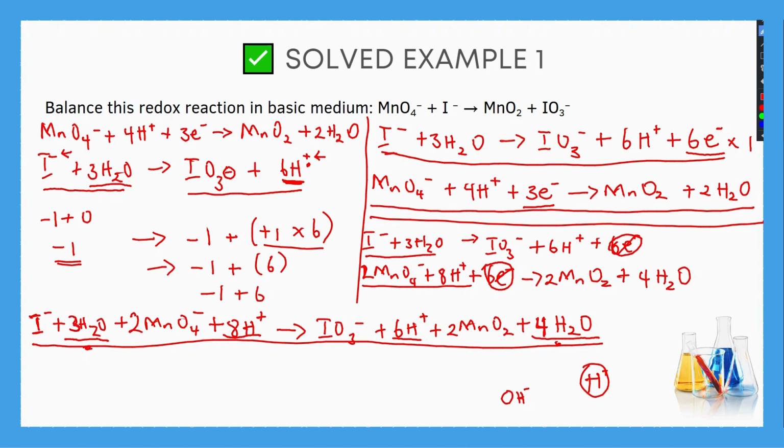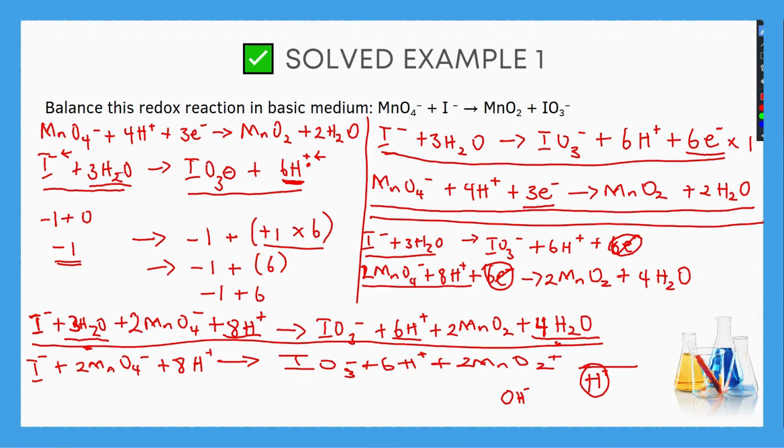So the 3 goes, and now it becomes I minus plus 2MnO4 minus plus 8H plus, giving us IO3 minus plus 6H plus plus 2MnO2 plus H2O, because 4H2O minus 3H2O, it's just H2O that is left.